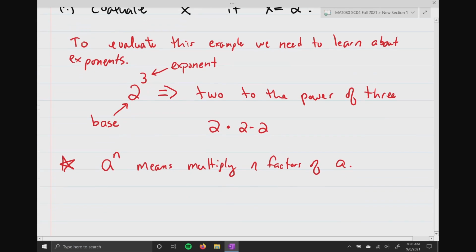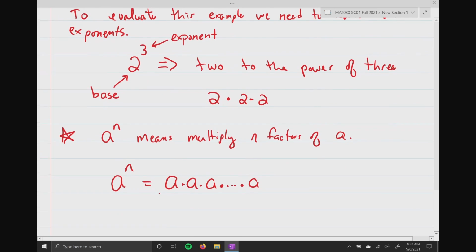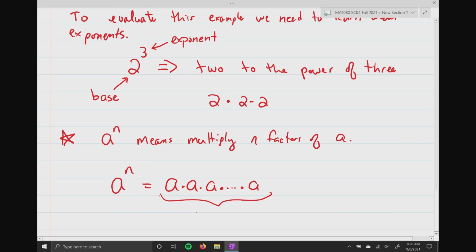Another way to write that is like this. All right, so this is very mathy. So take a minute, write it down, and then I'll explain it, okay?